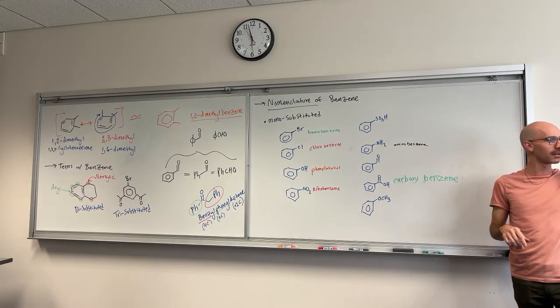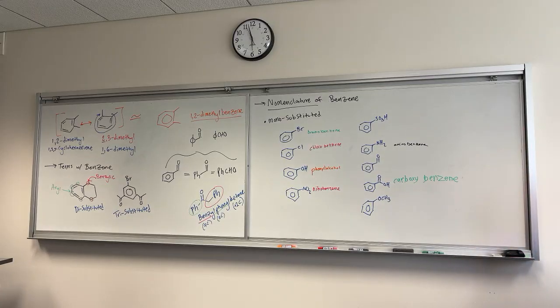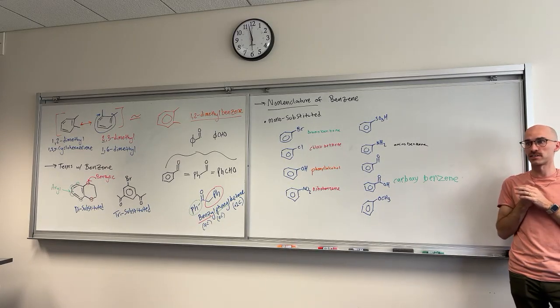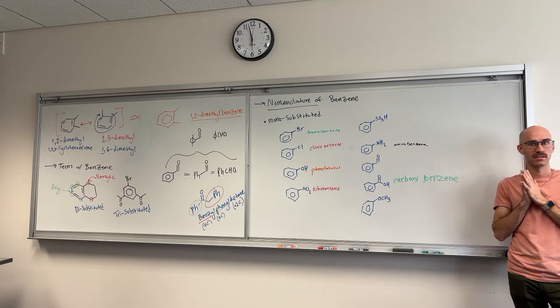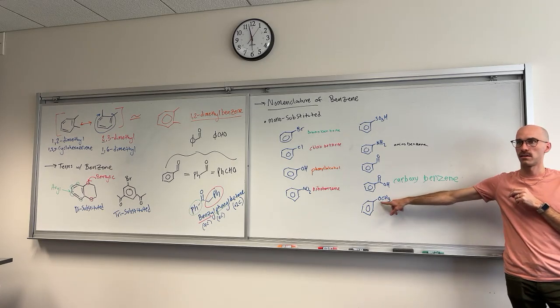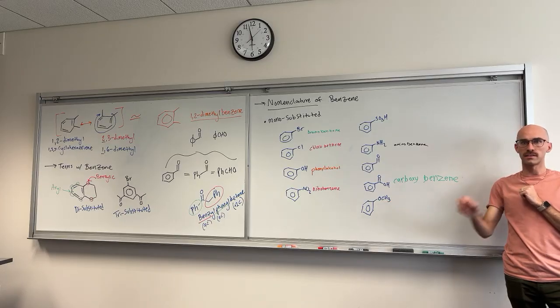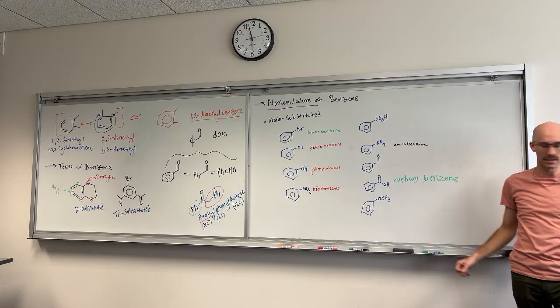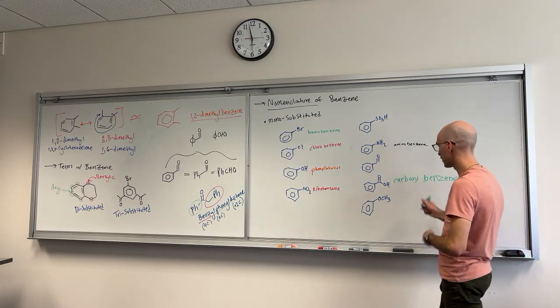What did you say, Niyara? There's many more. That's actually not one I was going to suggest. Methoxy is another way that an ether can become a substituent. So this is methoxybenzene.